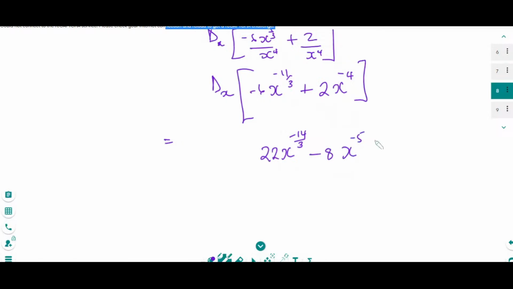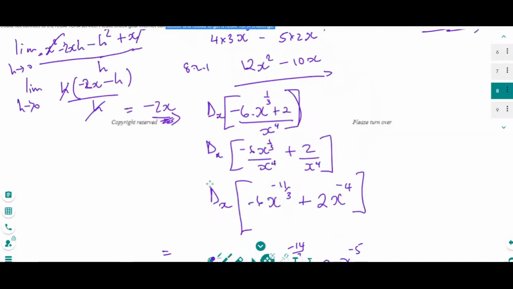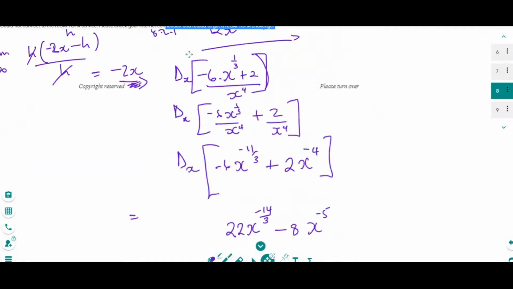I can leave it like that for as long as the question has not asked me to leave my answer with positive exponents. But in case it does, that will be 22 over x to the 14 over 3 minus 8 over x to the exponent of 5. Okay, that is 8.2.2. Question 8 is done.